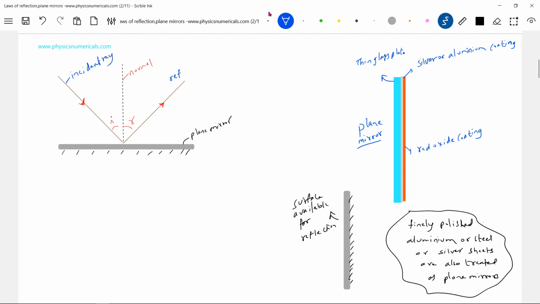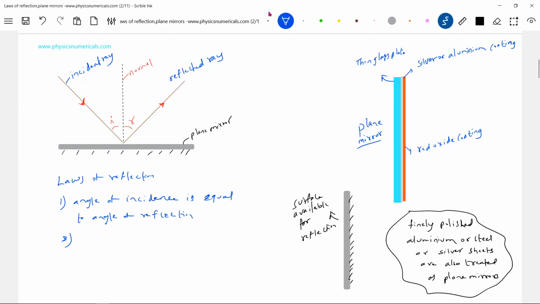and this is the reflected ray. So what do the laws of reflection say? The first one: angle of incidence is equal to angle of reflection.